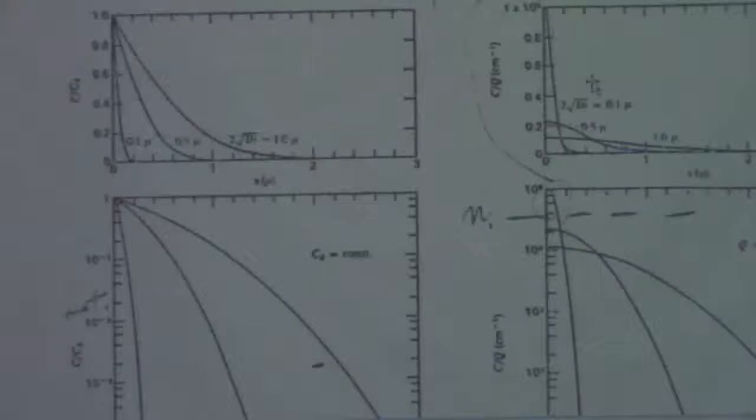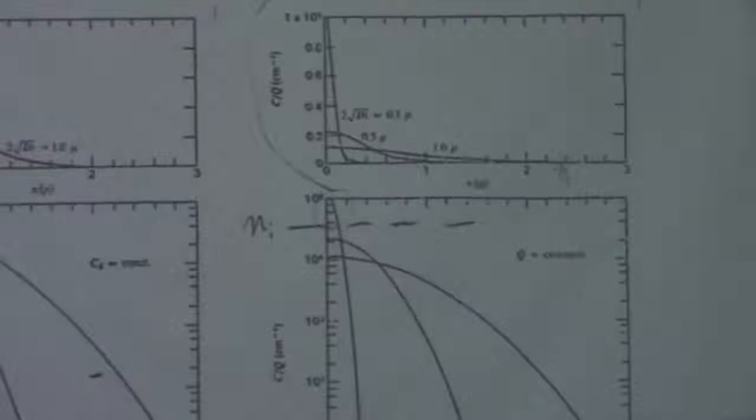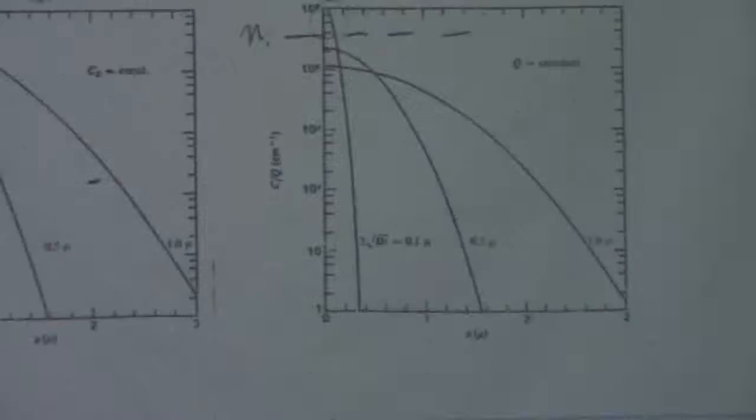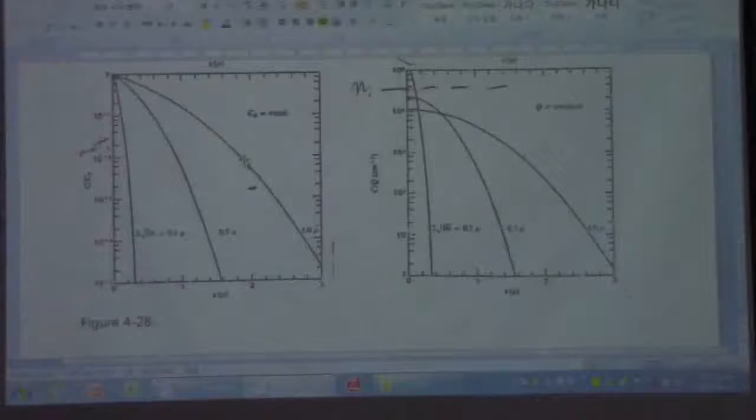When you draw that, we see that in pre-deposition the surface concentration is fixed at the solubility limit, while in the drive-in case, the surface concentration continuously decreases as the doping concentration flattens out. So we have two different situations like this. The profile is a complementary error function for pre-deposition, and this is the Gaussian profile.